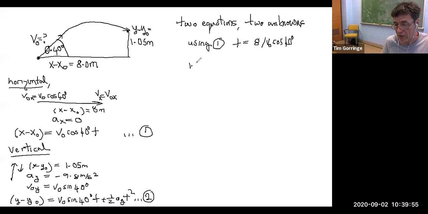It's 1.05 equals the unknown velocity v naught times sine 40 degrees times time. And I'm going to plug this expression in for time. So if I do all that, I'm going to get 8 multiplied by tan 40 degrees.